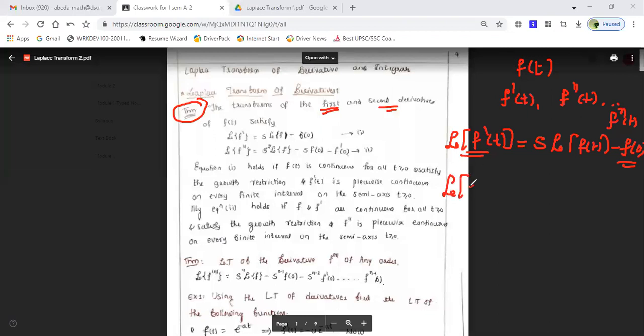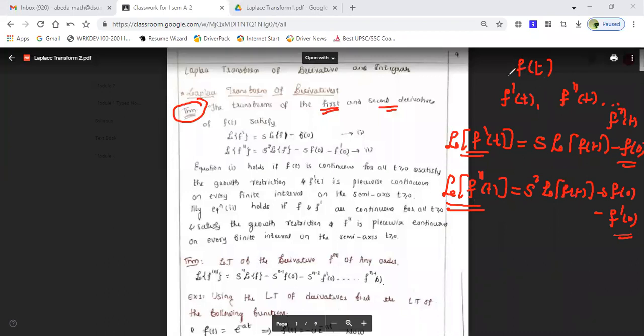Similarly, L of f double dash of t is s square L of f of t minus s into f of 0 minus f dash of 0. So this is L of f dash of t and this is L of f double dash of t.